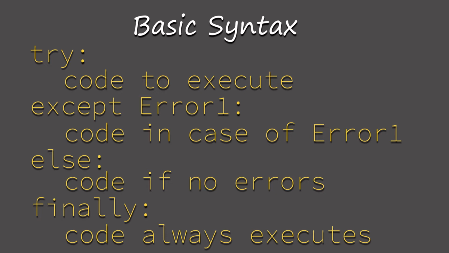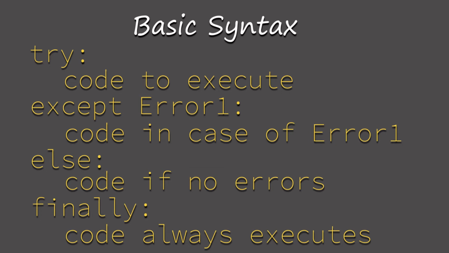So from the next line you write except and the error name, for example IndexError and so on. After the colon, from the next line, you put the code that would be executed in case there are errors in your try block. There are also two optional statements, else and finally.